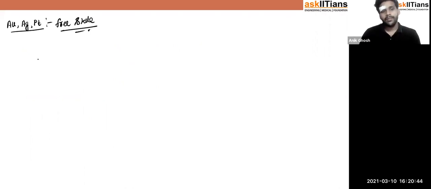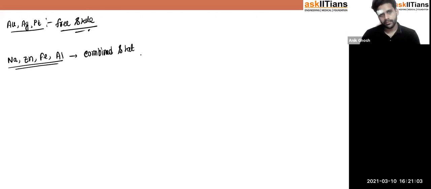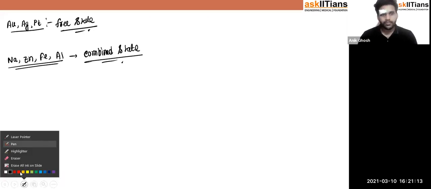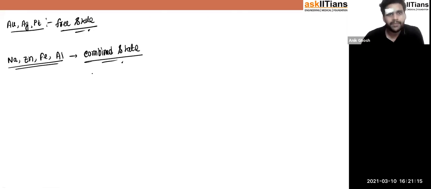Now what are the elements that are going to be in the combined state? Definitely, sodium, zinc, iron, and aluminium, all of them remain in combined state, meaning they form some sort of compounds. Now let's see what types of combined forms there are for the metals.